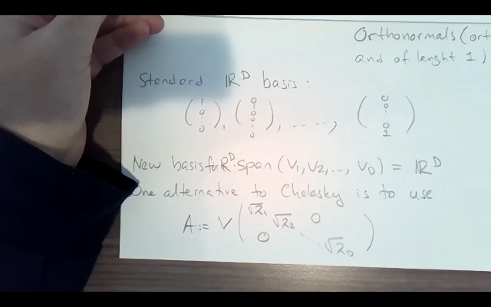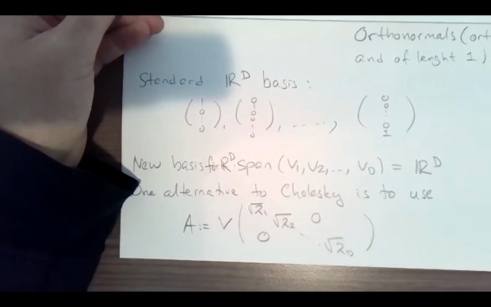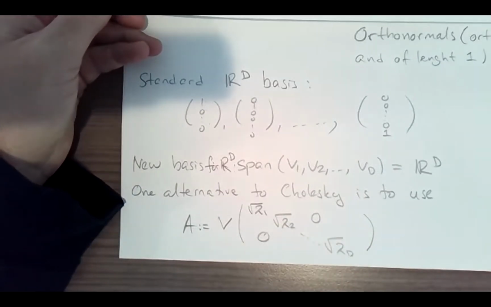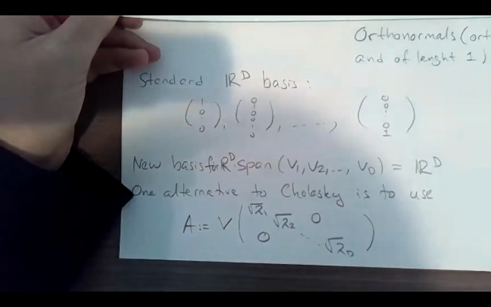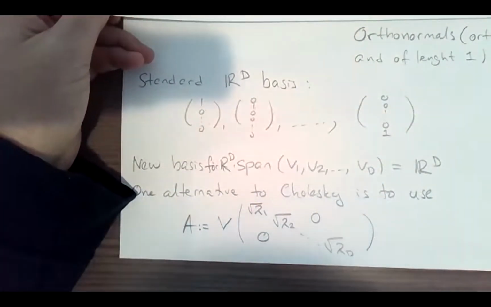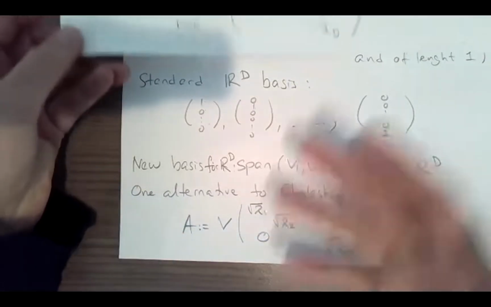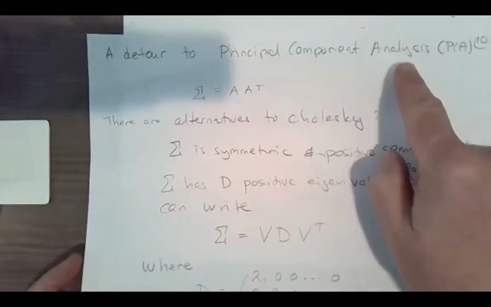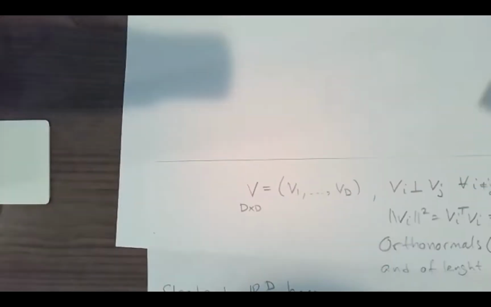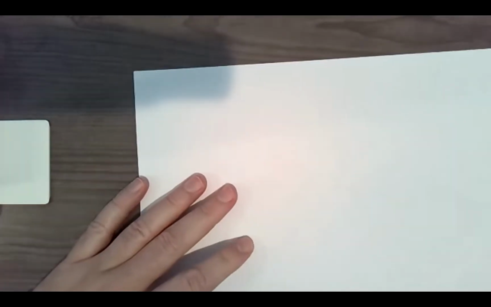One would not use this approach to simulate correlated multidimensional normals because you have no advantage over Cholesky. So why go through all this? I want to show you how one can apply this to principal component analysis. Today we're going to let go a little of simulation and move into principal component analysis.